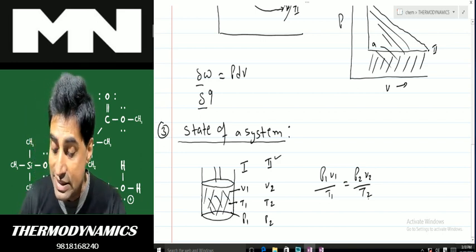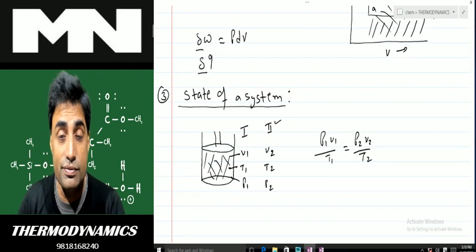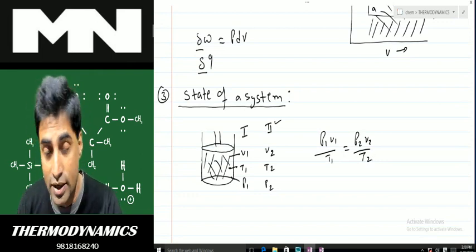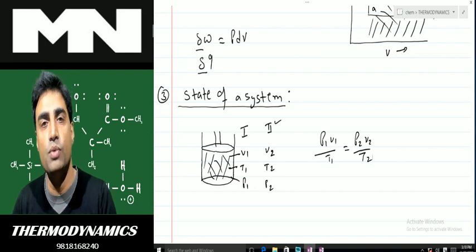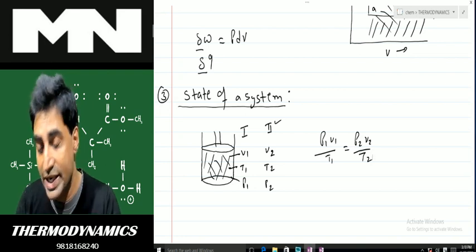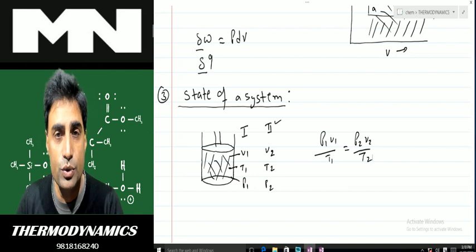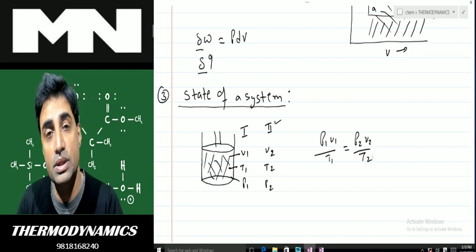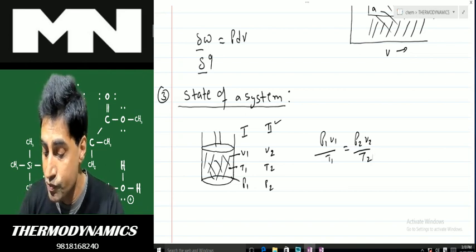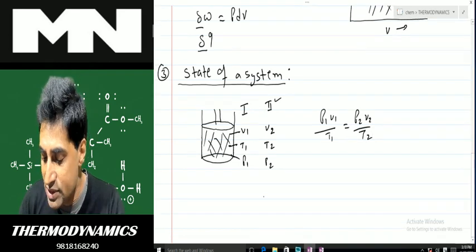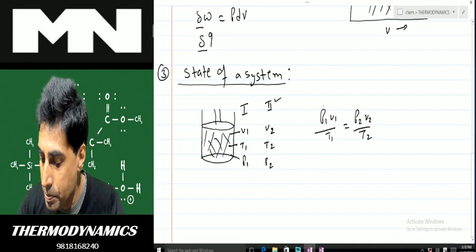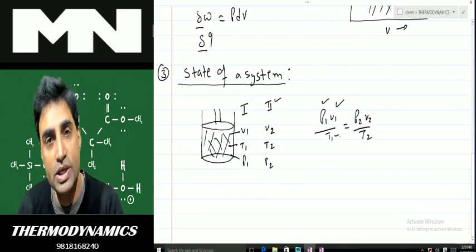This is the definition of the state of a system. Whenever a system has a particular temperature, pressure or volume, it is said to be in a particular state. If any of these values changes, the state of the system is also said to be changed. So this is the state of a system. That means the state of a system depends on pressure, volume and temperature.